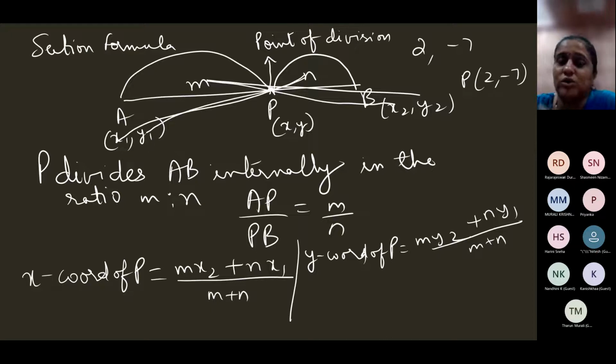With the section formula, you cannot find the length of any line segment. The section formula will give you the x coordinate and the y coordinate of the point of division. You can also use it to find the ratio m is to n.